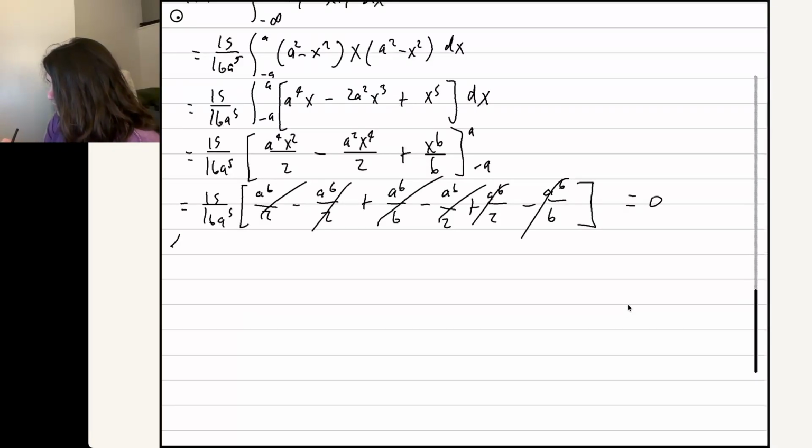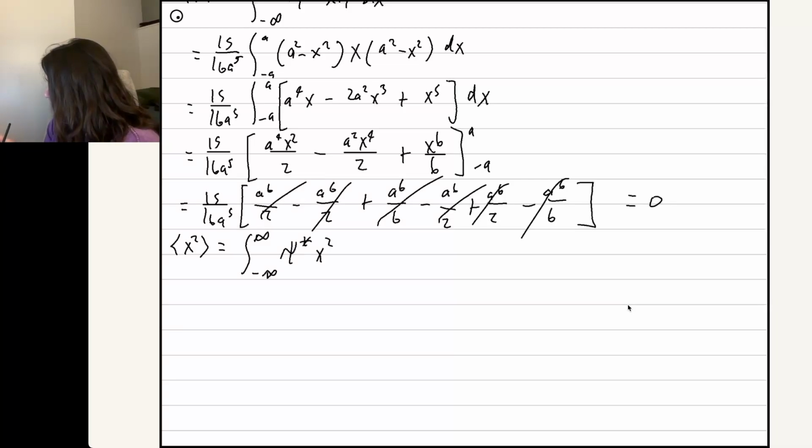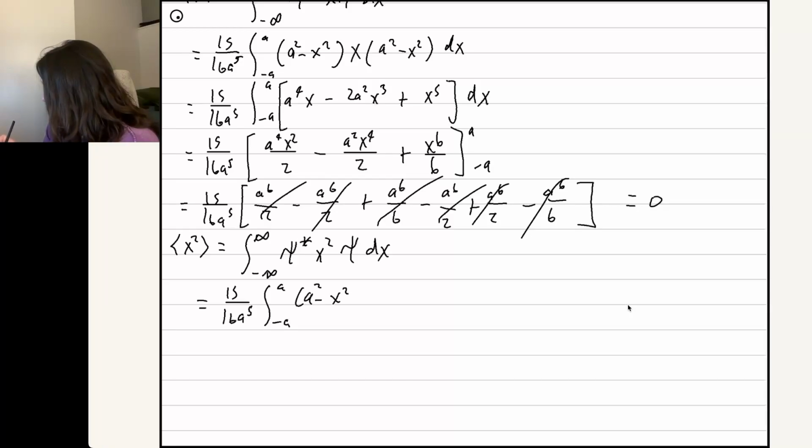The expectation of x squared will be the integral from minus infinity to infinity of psi star x squared psi dx, which now is looking like, not forgetting the A squared out front, from minus a to a, it's going to be (a squared minus x squared), both squared, times x squared times (a squared minus x squared) dx.